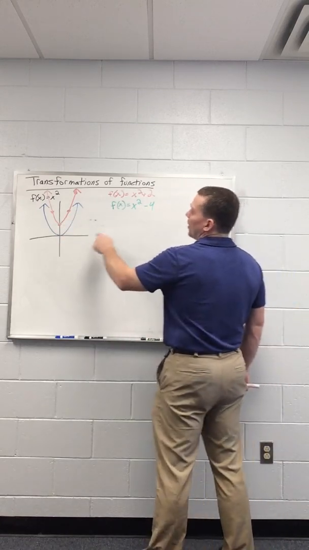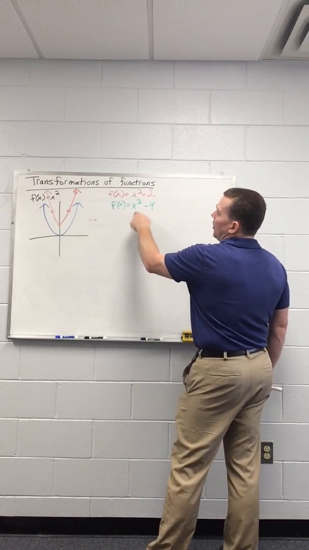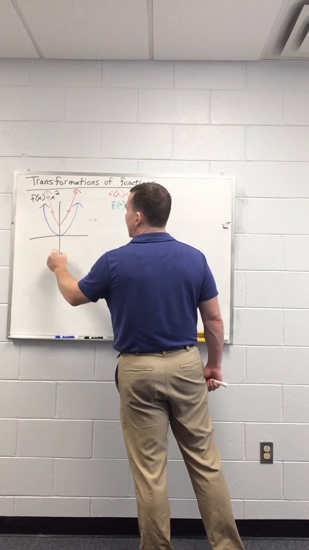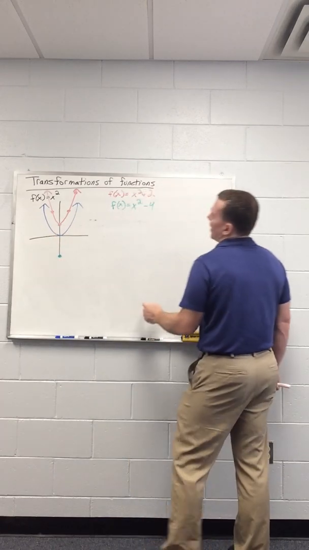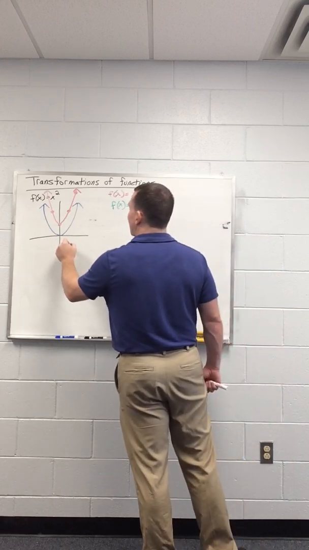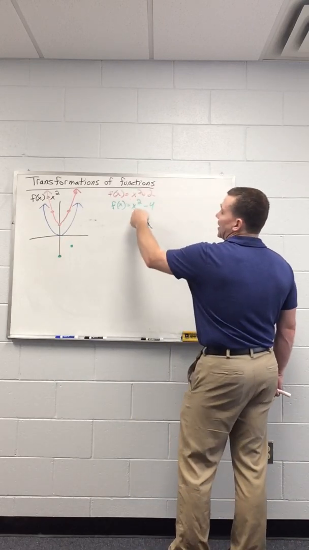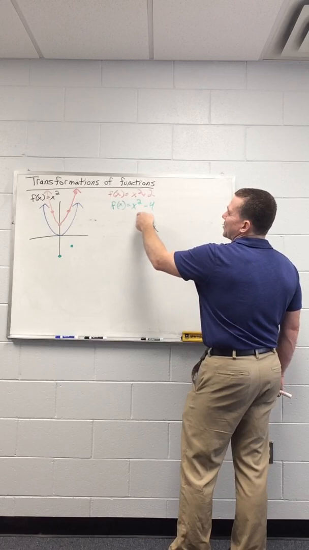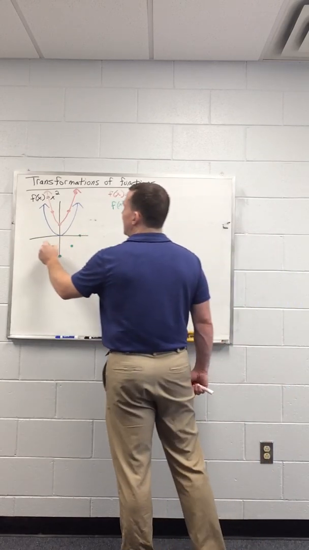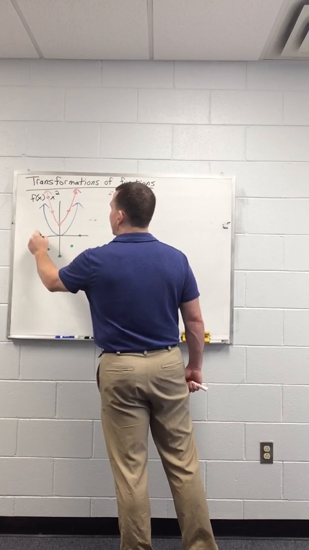If I subtract 4, well, if I plug in 0, I get 0 squared, 0 minus 4, which is negative 4. If I plug in 1, I get 1 squared, 1 minus 4, which is negative 3. If I plug in 2, 2 squared is 4, 4 minus 4 is 0. This will clearly mirror itself on the other side.